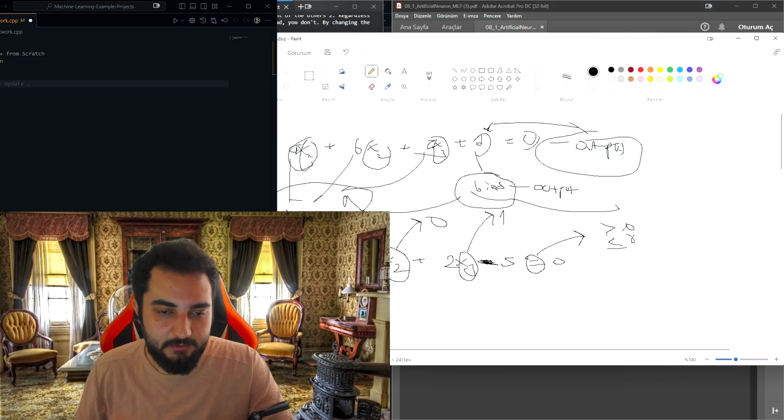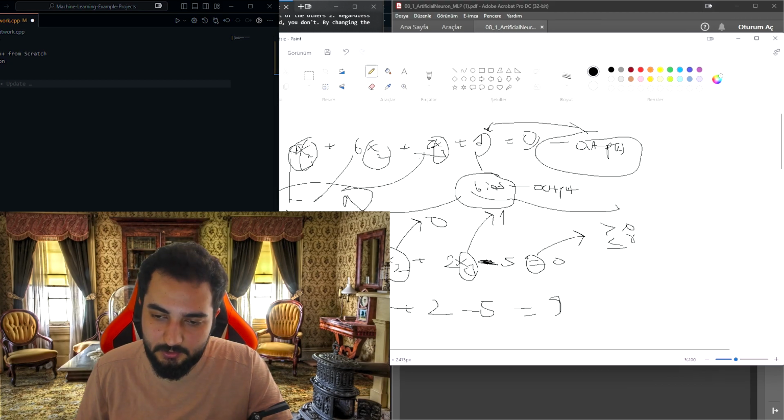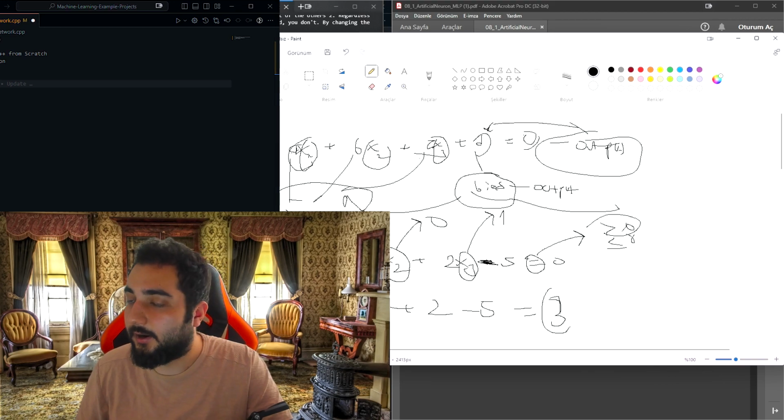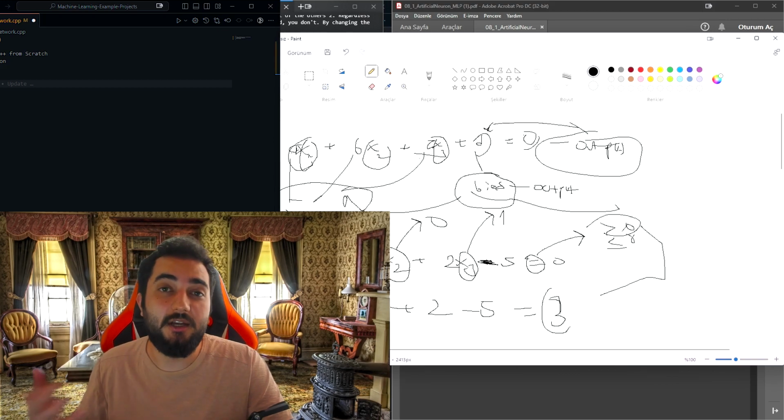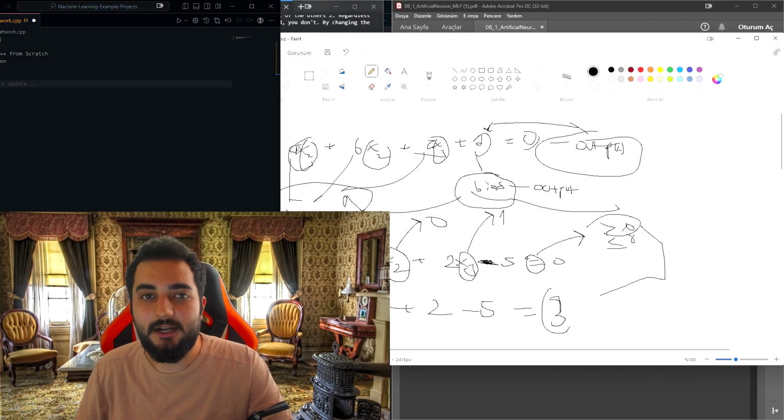Let's calculate: 6 plus 0 plus 2 minus 5 is equal to 3. So 3 is bigger than 0, so the neuron fires. Actually, we found the general solution of the equation. We found the coefficients of the equation.